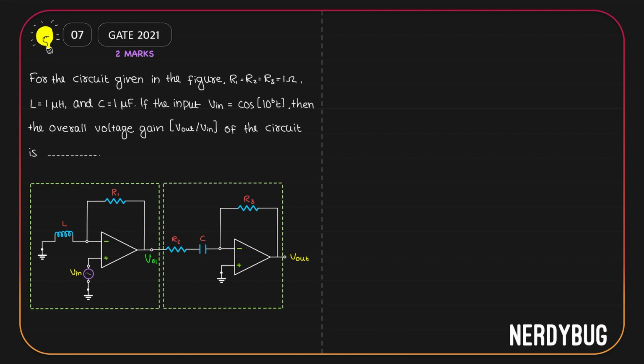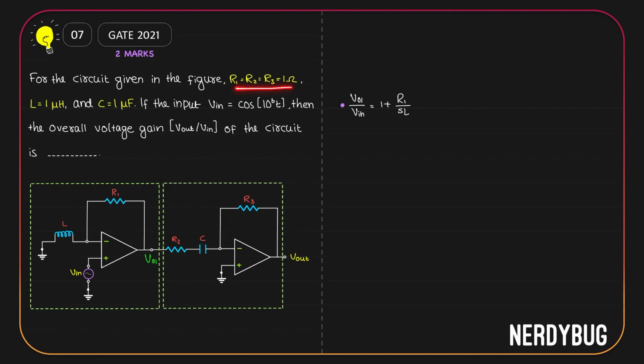Let's take the first part. Here we only have R1. So the net impedance is just R1. Here we have L. So in S domain, the impedance can be written as SL. Since it is a non-inverting amplifier, we can write VO1 by Vin as 1 plus R1 divided by SL.